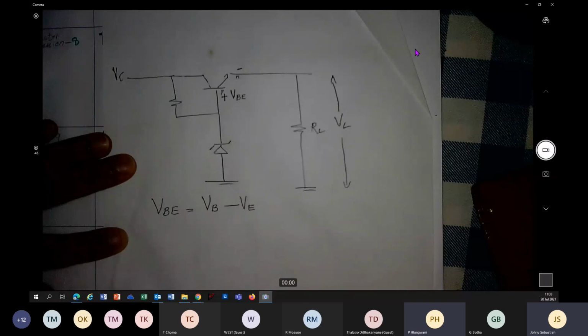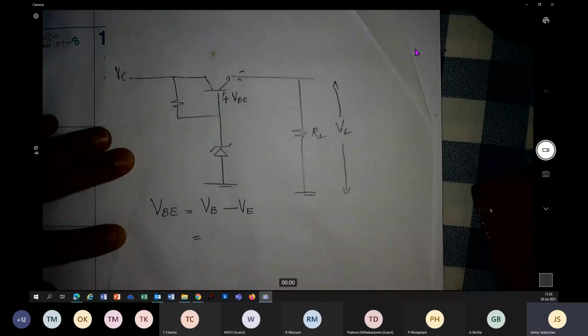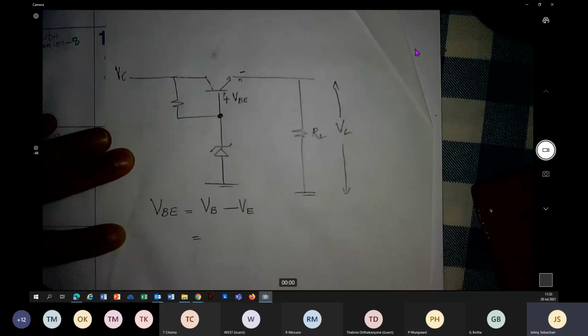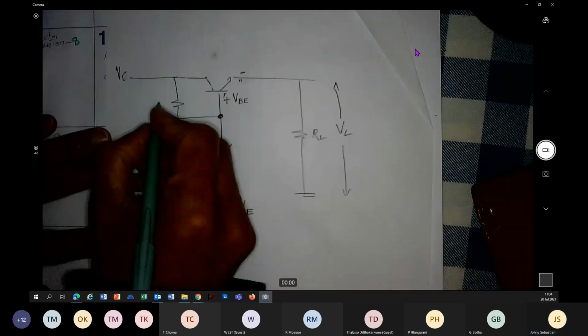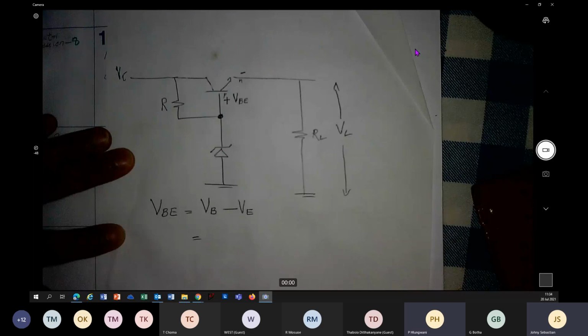Yes, sir. Okay. Can you replace that VB with something? Look at the diagram. That is voltage at the base. Replace it with something that you already know. Can it be R multiplied by IB? No. Isn't it RL?